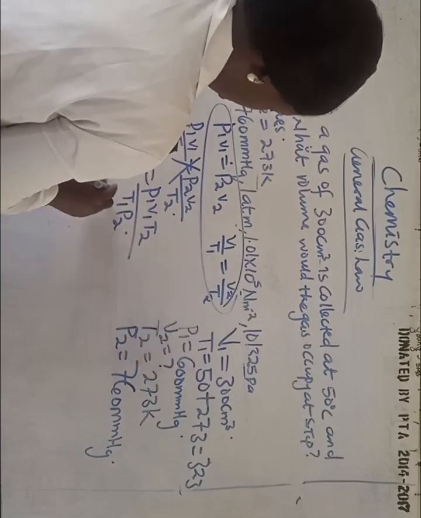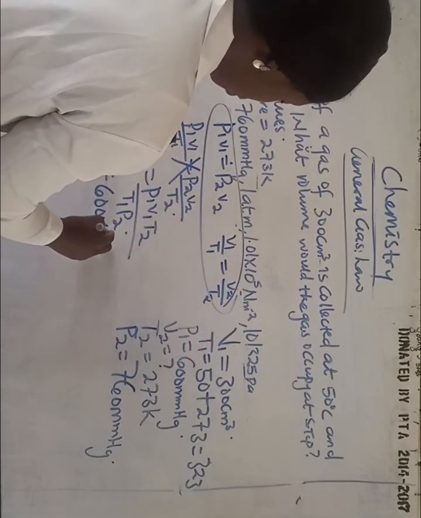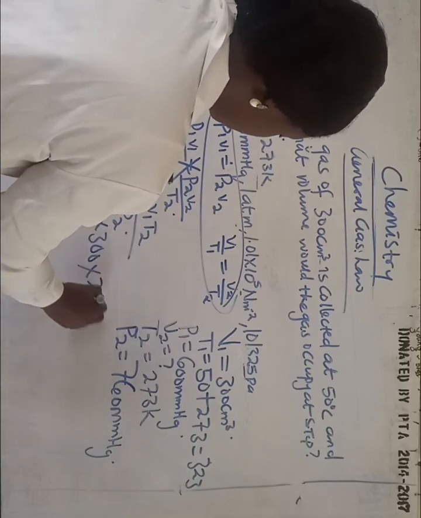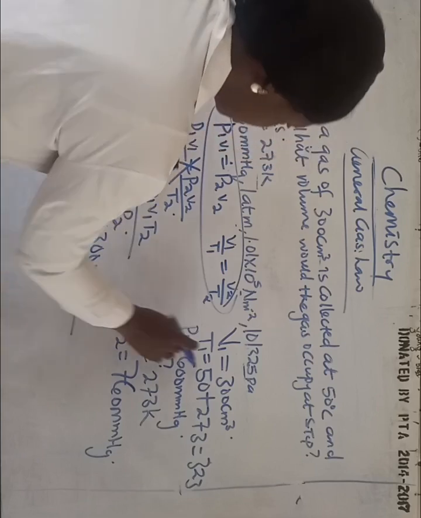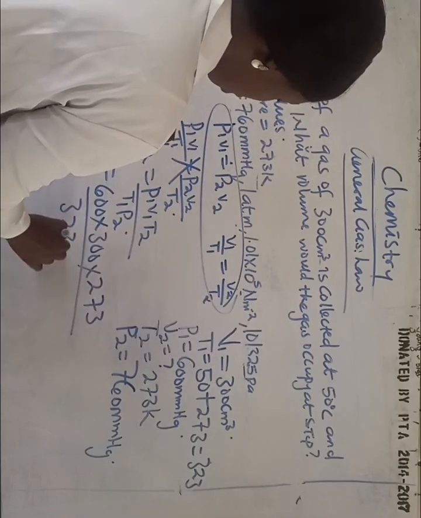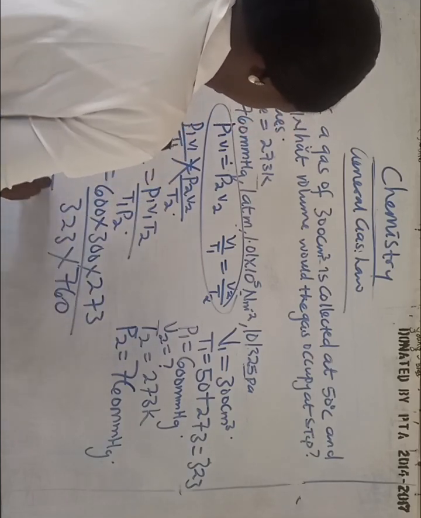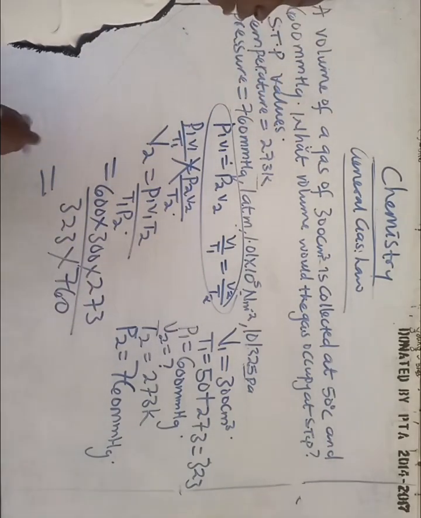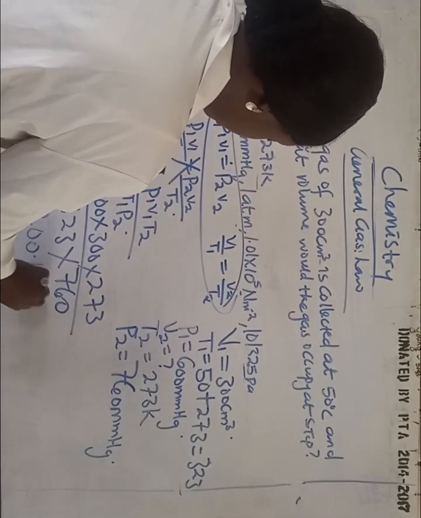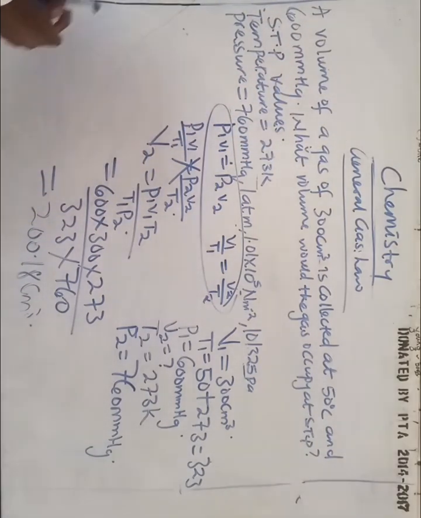My P1 is 600 times V1 which is 300 times T2 which is 273, over T1 which is 323 times P2 which is 760. So at the end of the day, my value is expected to be 200.18 cm cube. Please, you can confirm with your calculator.